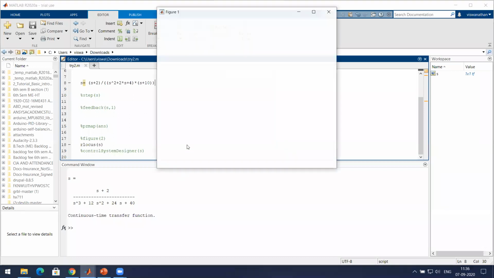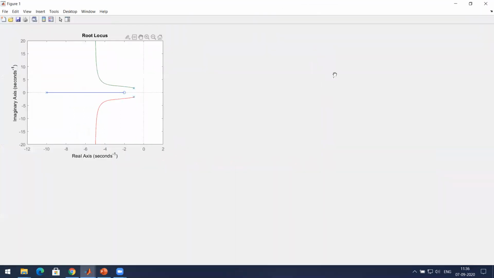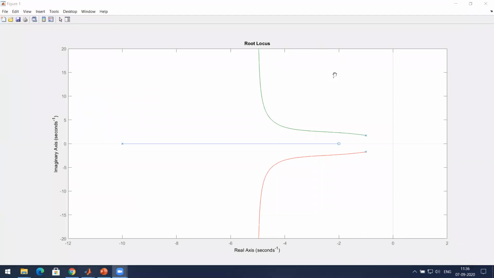If you look at the plot once again, the pole which is far away from the imaginary axis is this one. It is having the pole root of -10. The pole which is very far away from the imaginary axis has less influence on the response of the system.